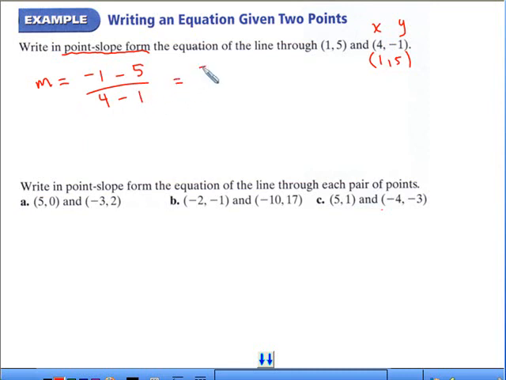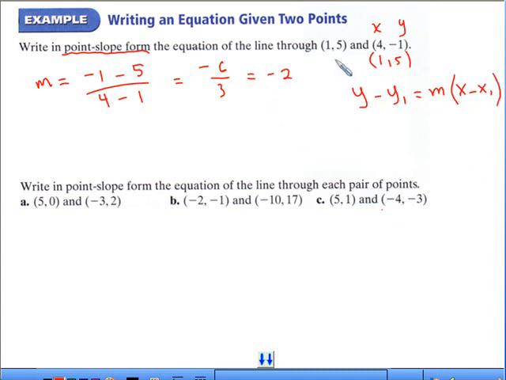And what do we get? Negative 6 over 3, which equals negative 2. So we know what m is now. M is negative 2. Once we know m, we can plug it into point slope. For point slope, you can use either one of these points. Remember point slope: y minus y1 is equal to m times the quantity x minus x sub 1.